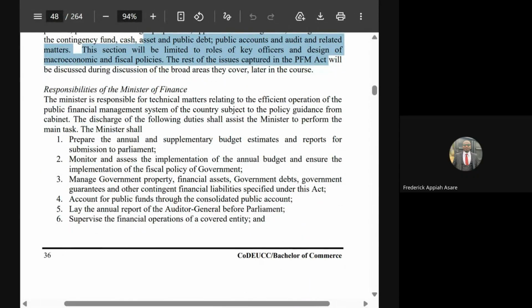In this section we will look at the various roles of the key officers. One of the key officers is the Minister of Finance. In taxation, yesterday, I know your lecturer took you through some of the responsibilities of the Minister of Finance under your Unit 2. They prepare the annual and supplementary budget estimates and reports for submission to Parliament.